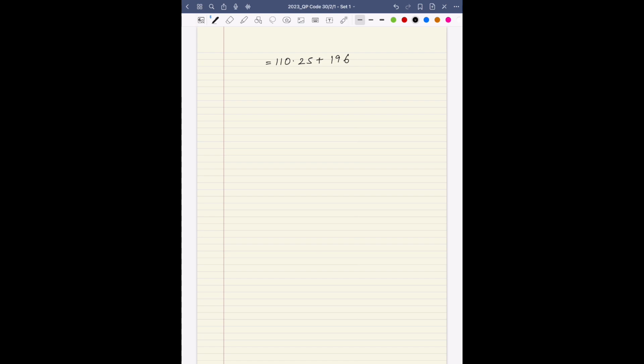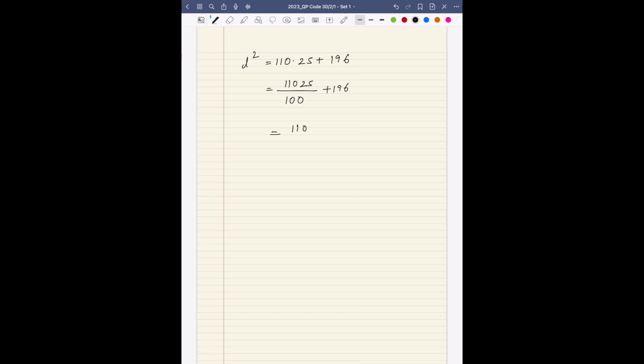You can add it, I'll tell you why. Now there's some calculation involved over here, so look here. If you take 100 down, you get 11025 plus 196, right?